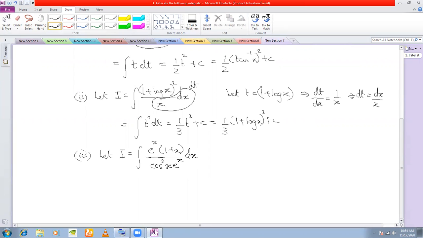Now what you must realize here is that the derivative of x e to the power of x is e to the power of x into 1 plus x. That is what you must realize here.